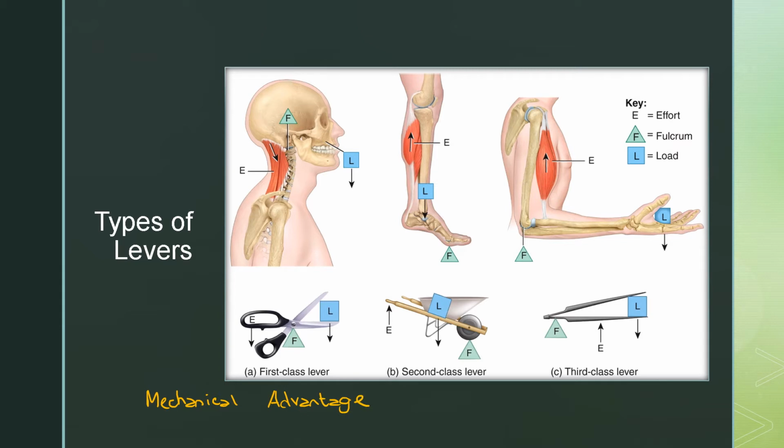So mechanical advantage occurs if the load is closer to the fulcrum and the effort is further from the fulcrum. So the load is closer to the fulcrum than the effort. In these cases, only a relatively small amount of effort is required to move a large load over a small distance.